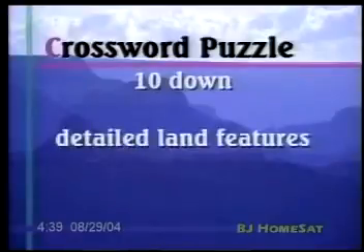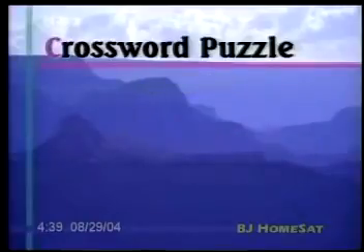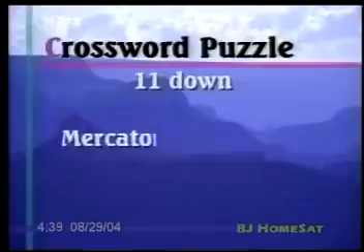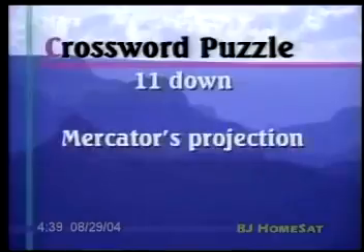Moving on to number 10 down. Detailed land features. Detailed land features. What type of map is going to show detailed land features? 11 down. Mercator's projection. What kind of projection did Mercator have?